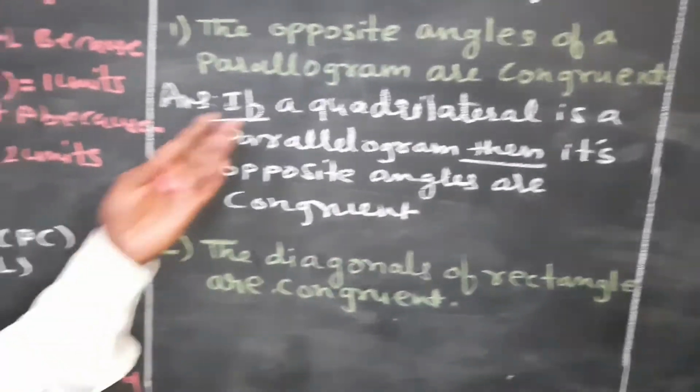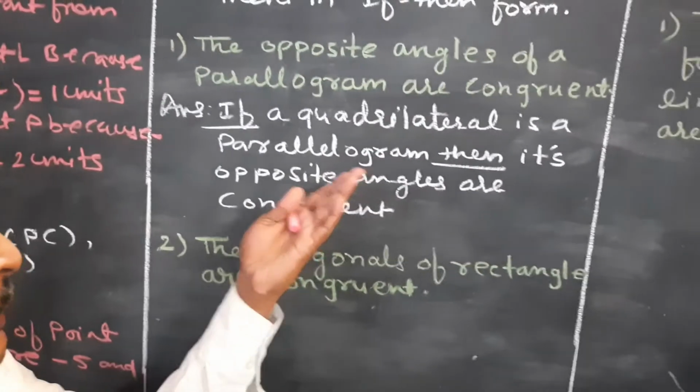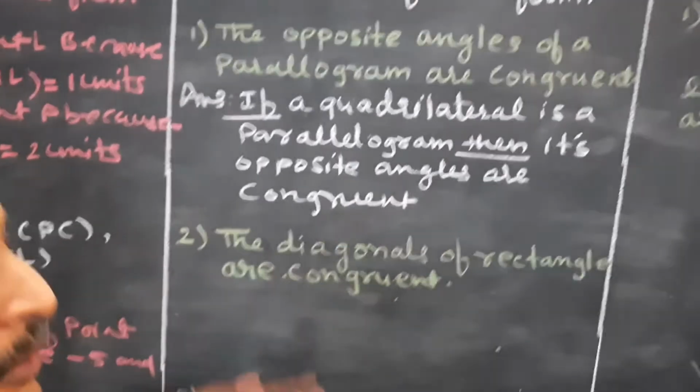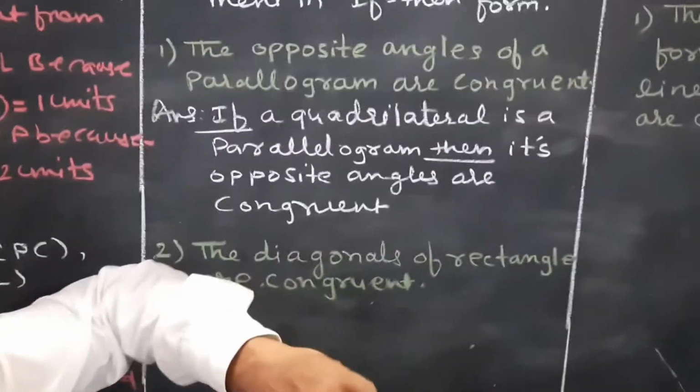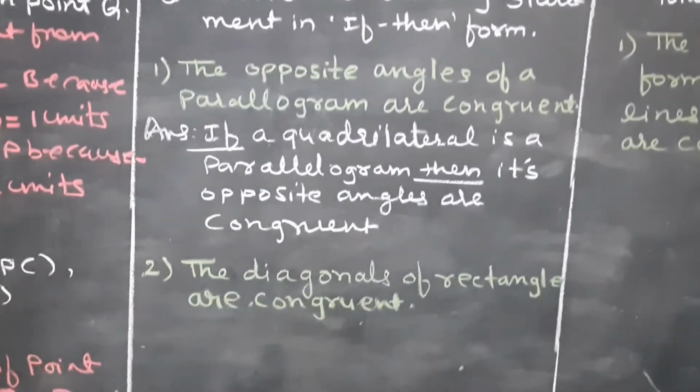If the quadrilateral is a parallelogram, then its opposite angles are congruent. So it is becoming if and then form, which means conditional form.